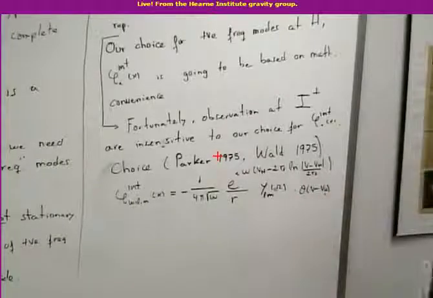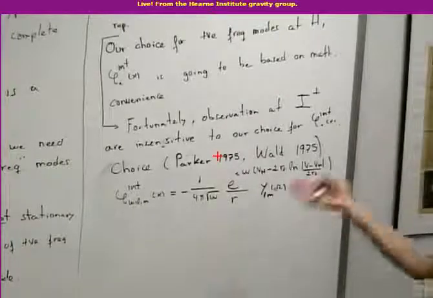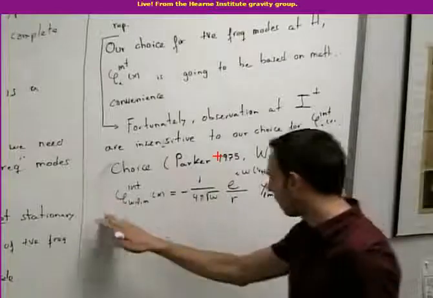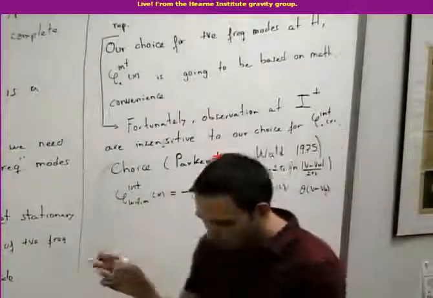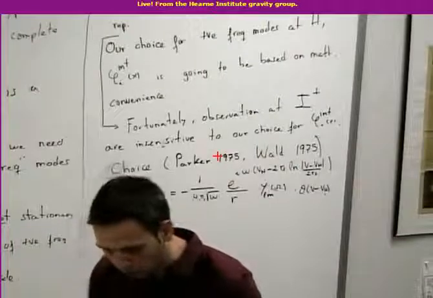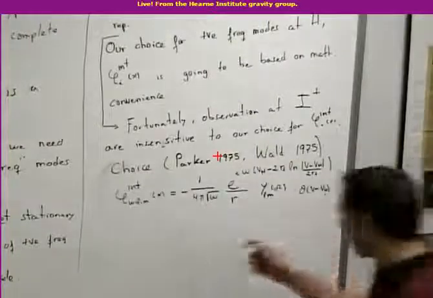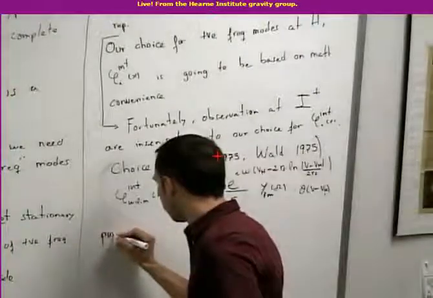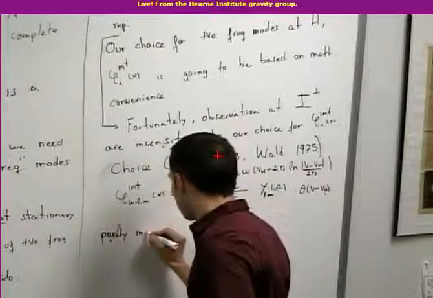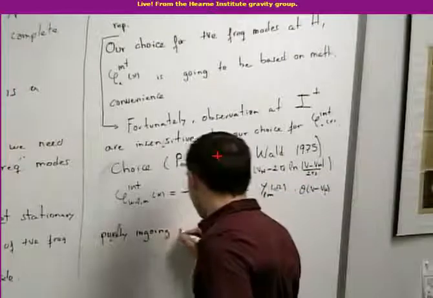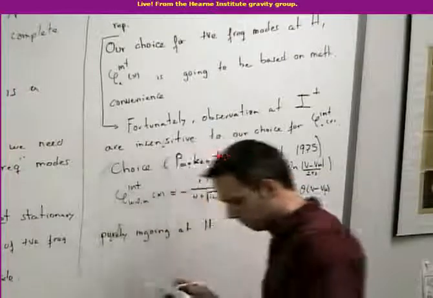Of course, one can build wave packets from them by integrating on omega with a function of compact support in omega. So they are purely ingoing at the horizon.